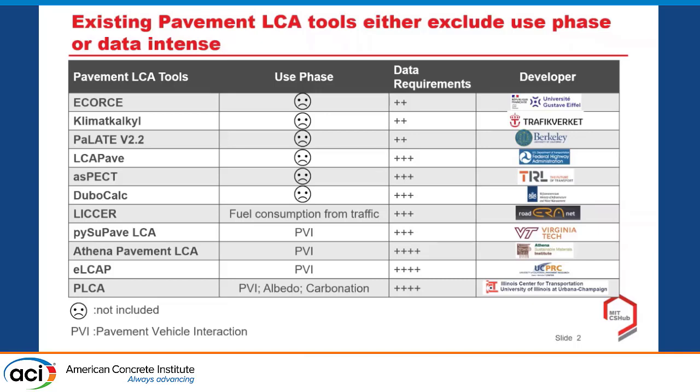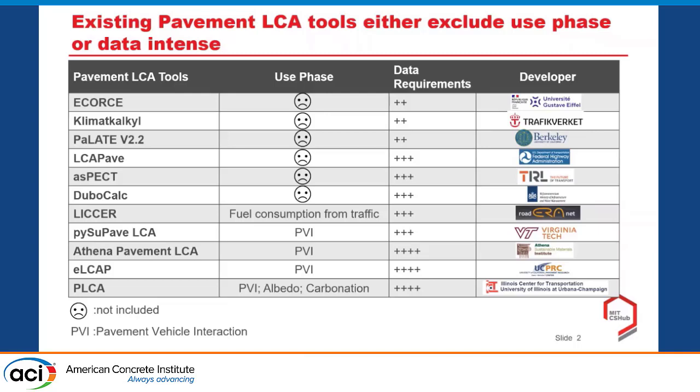Many of these tools do not include the use phase, but they have quite a few data requirements, shown in this table, where the plus means the quantitative identification of the data requirements. The tools at the top of the table require less data, but they can include the use phase, which is a significant component of life cycle assessment of pavement.